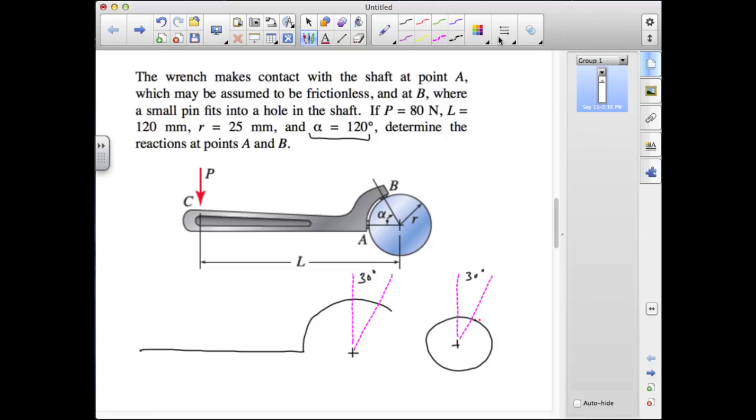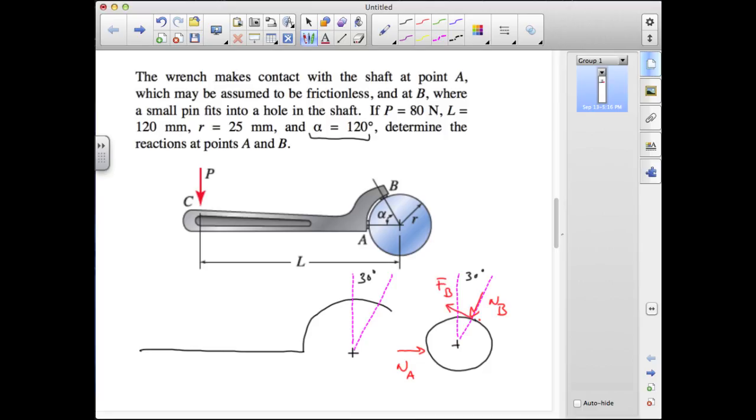The wrench makes contact at A and B, so we'll have a normal force at A and a normal force at B. Neither of those is responsible for a torque because their lines of action go through the center. To impose this counterclockwise rotation on the workpiece, the tangent force at the pin at B will have to act in this direction.